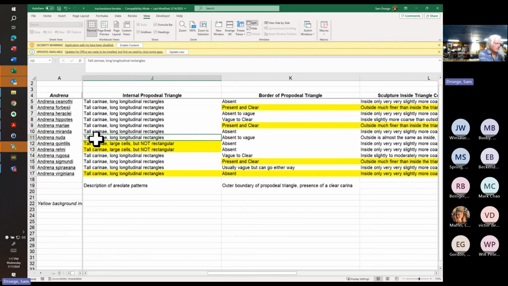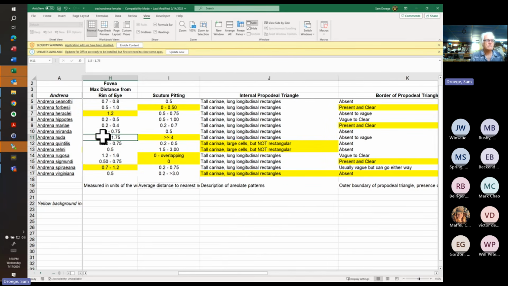Whether that's exactly the derivation of the name, I don't know, but it does at least rhyme with the right answer, perhaps. Okay, so here it's the sparse pitting that's really the key.